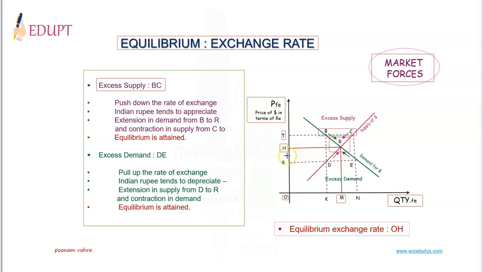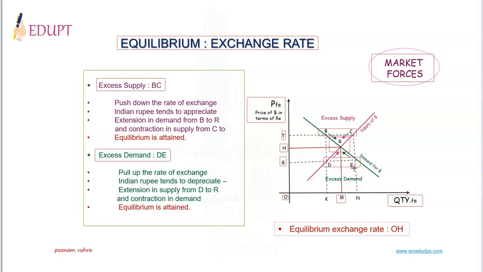Now suppose the price is much below the equilibrium point, that is OG. At OG there will be excess demand equivalent to DE. Excess demand will pull up the rate of exchange.